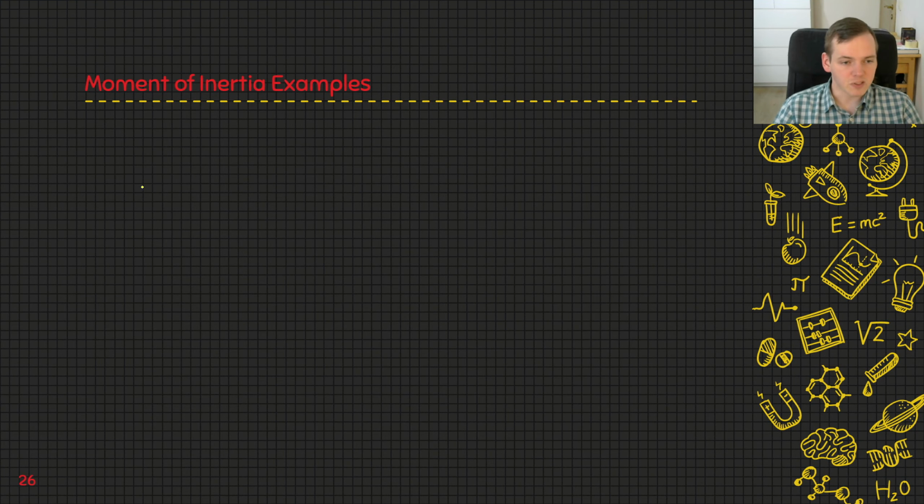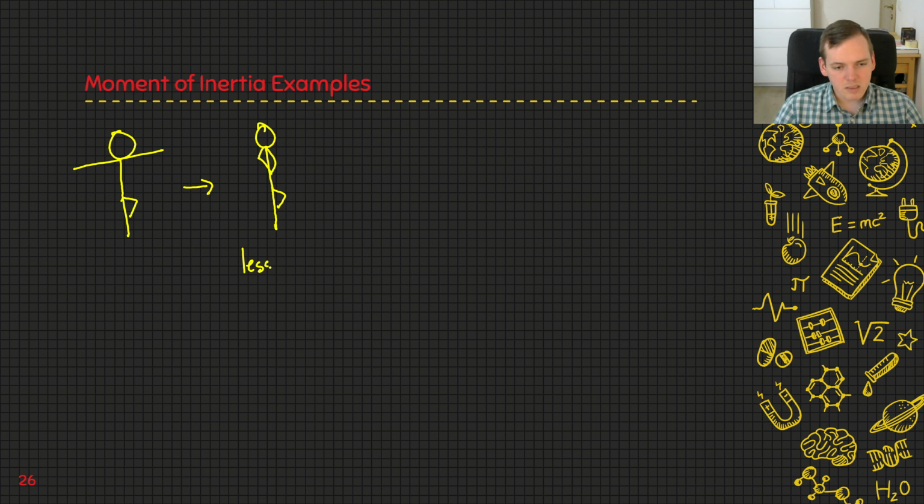So two quick examples. The classic example is a skater. So imagine I've got a person like a figure skater, right? And they start with their arms out and they're spinning around in circles. They've got some moment of inertia associated with this arrangement of their mass. If they go to a different formation, so in other words, they bring their arms inwards, now they have a smaller I. Again, if you're not aware of it, skaters typically spin like this.